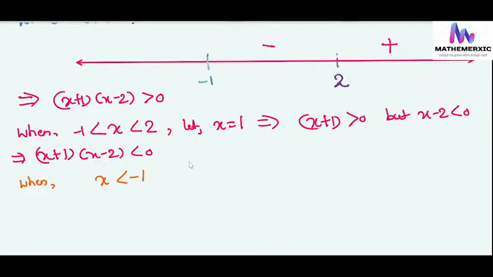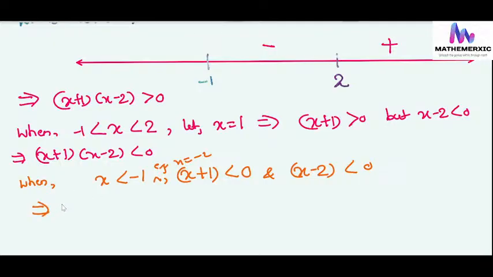In that case x plus 1 will also be less than 0 and x minus 2, let us say minus 2 we are taking for example, is less than 0.